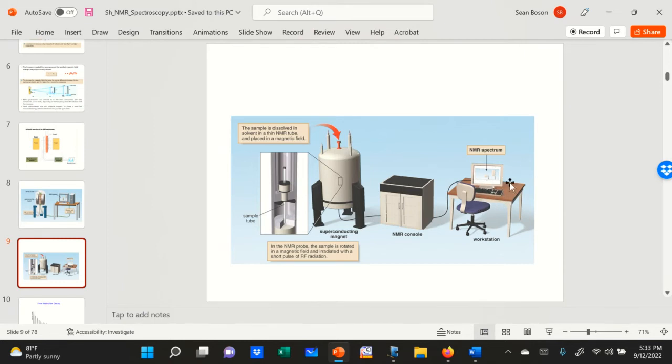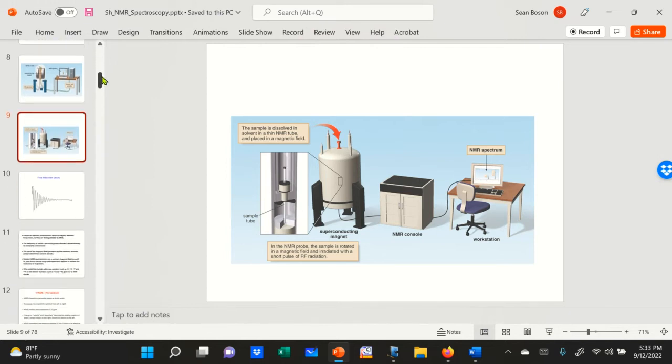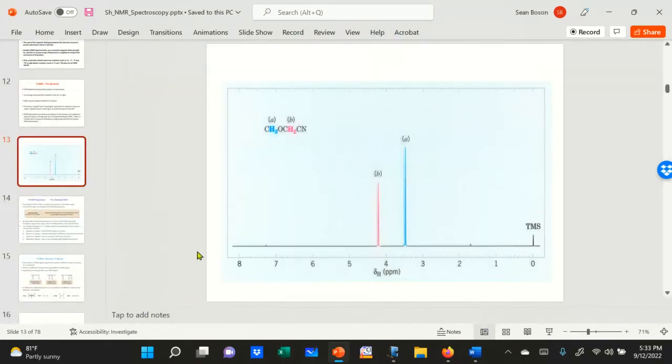You work on the desktop and create an NMR spectrum. An NMR spectrum in the end looks like this. It has a scale, as you see on the x-axis, generally between 0 and 10, although 10 is not visible here. Also, funny thing, you see 0 starts on the right hand side, not on the left hand side.